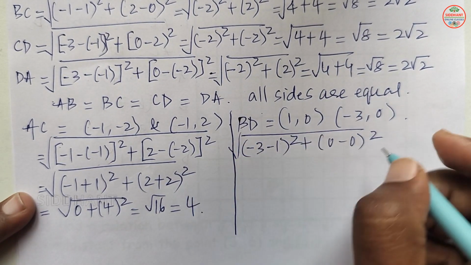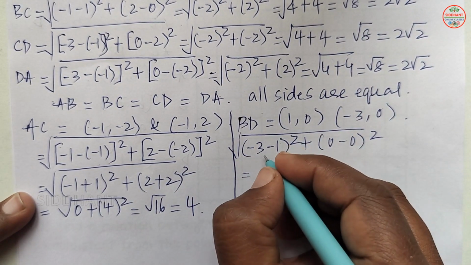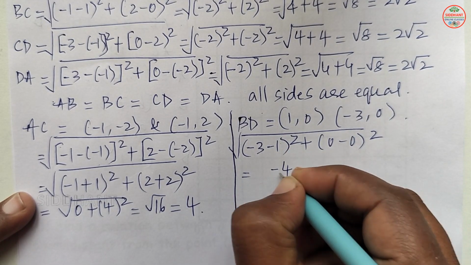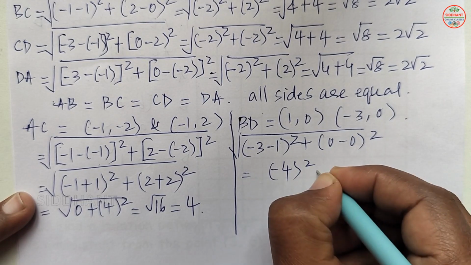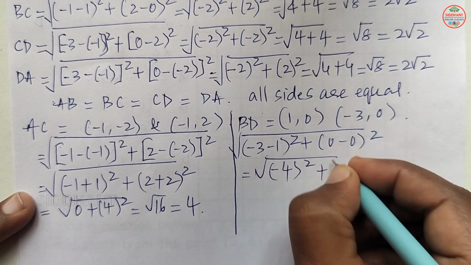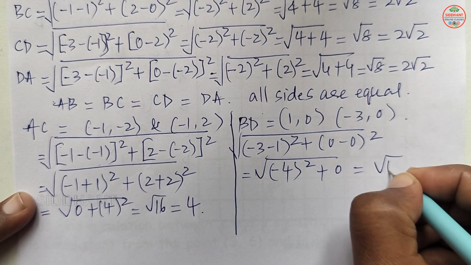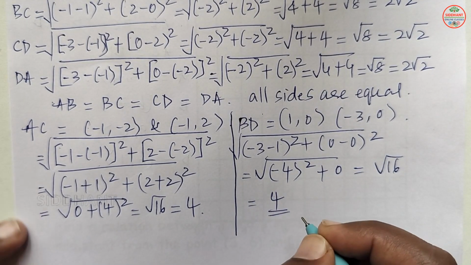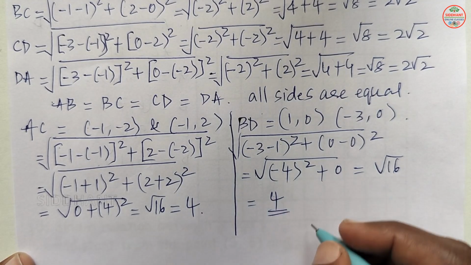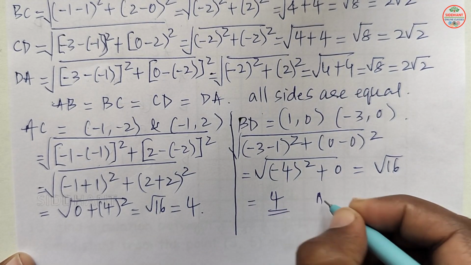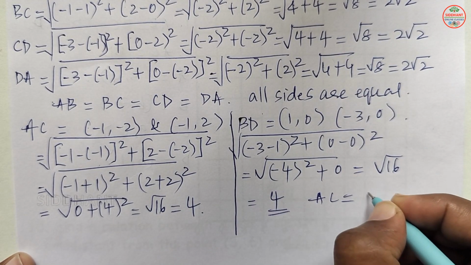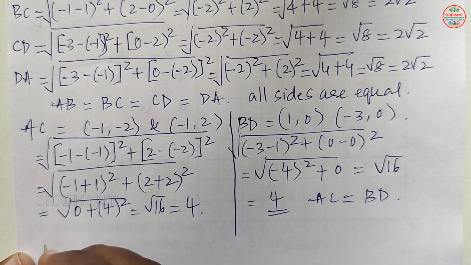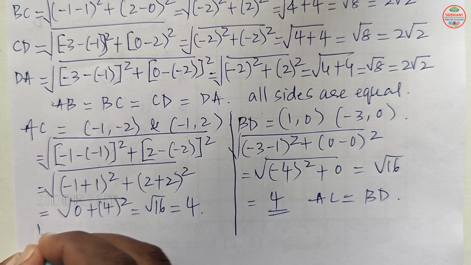So that will be minus 4 whole square, plus 0, that will be root 16, that will be 4. So here we can say diagonal AC is equal to diagonal BD. So here sides are equal, first condition.